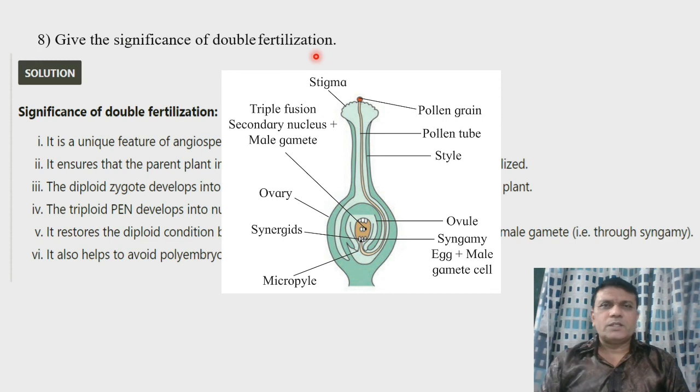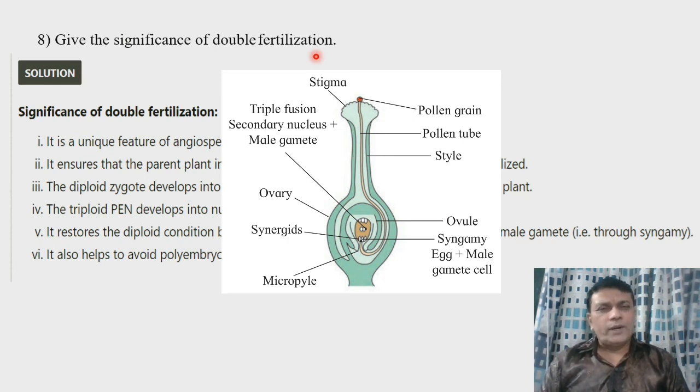This is syngamy or first fertilization. Then the second male gamete, which is haploid, fuses with diploid secondary nucleus to produce a triploid primary endosperm nucleus and it is called as triple fusion.